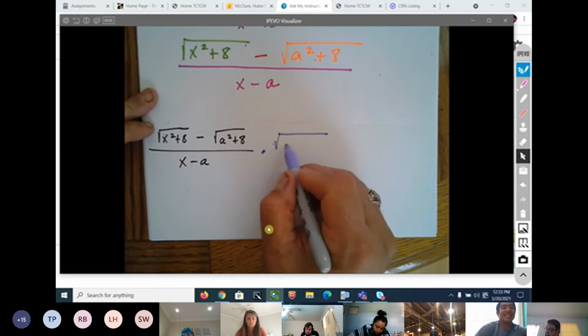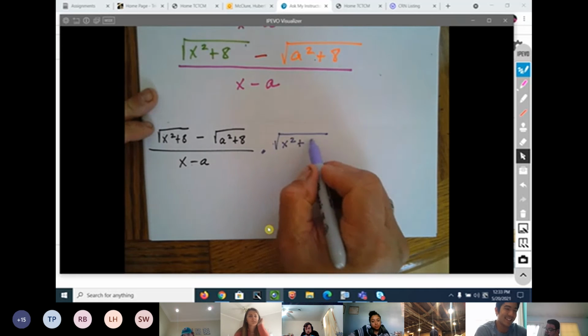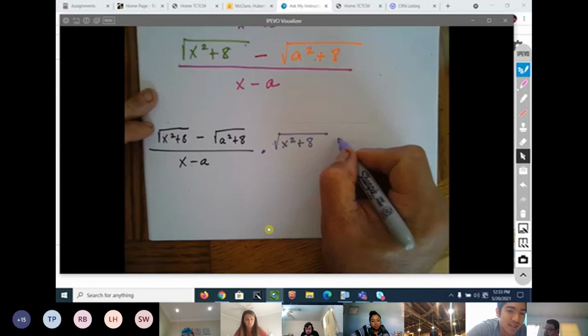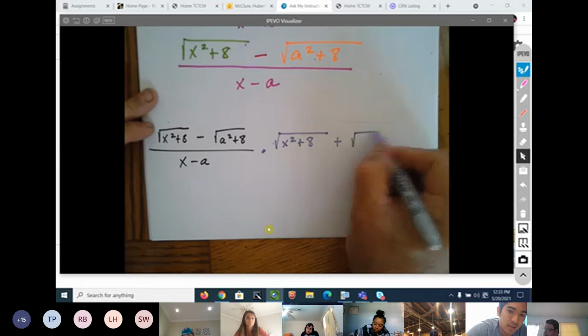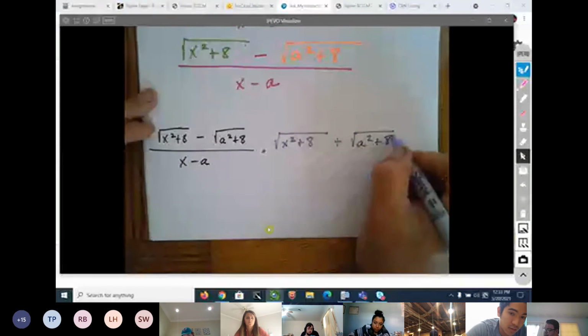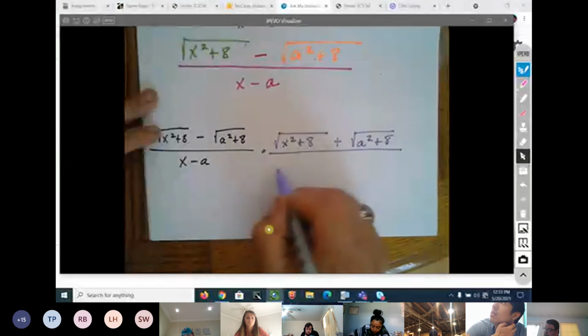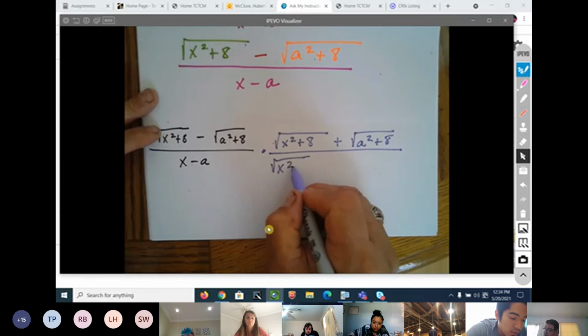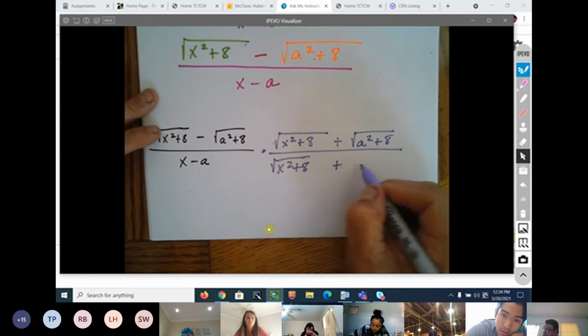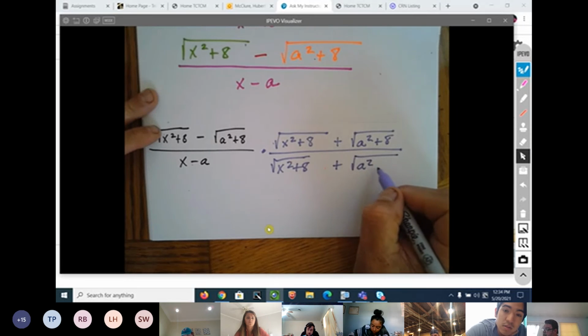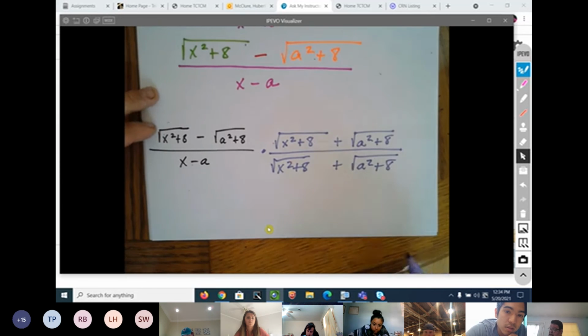The square root of x squared plus 8 plus the square root of a squared plus 8 over the square root of x squared plus 8 plus the square root of a squared plus 8.